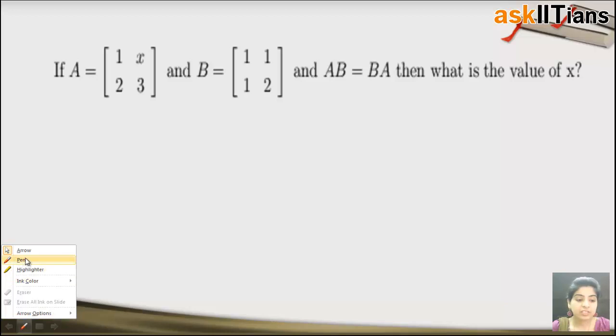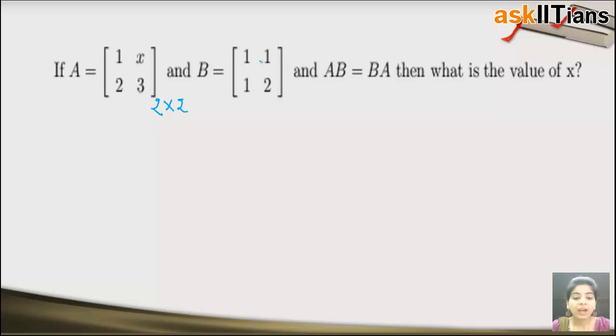Next we have another example. Okay, so a matrix A is given as this, the order of the matrix first of all is 2 cross 2, and a matrix B is given as this, the order is again 2 cross 2, and it is given that AB is equal to BA.